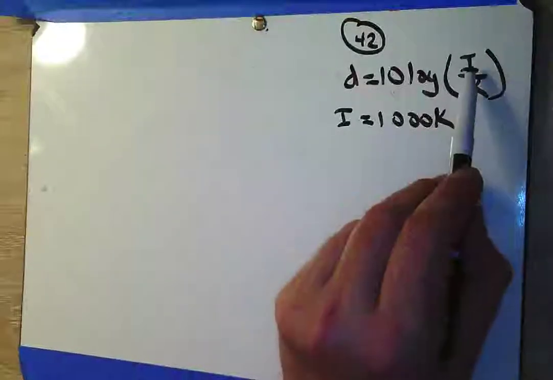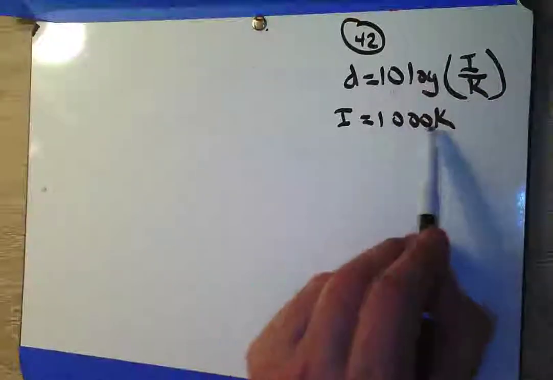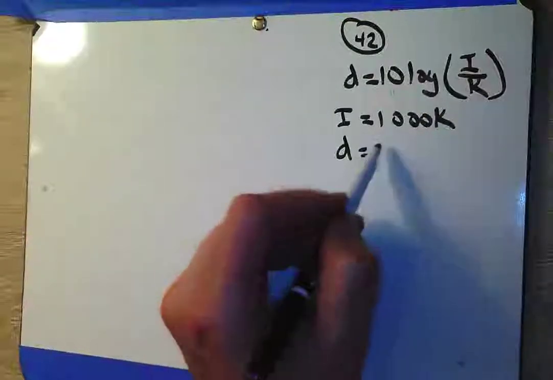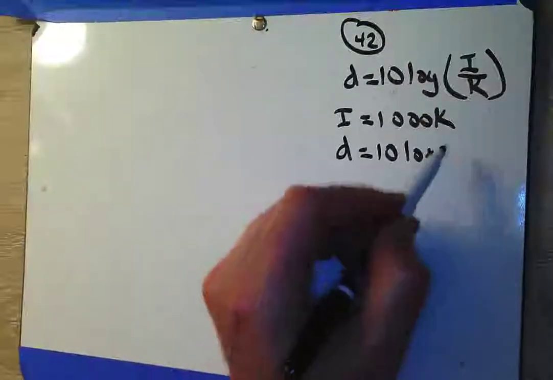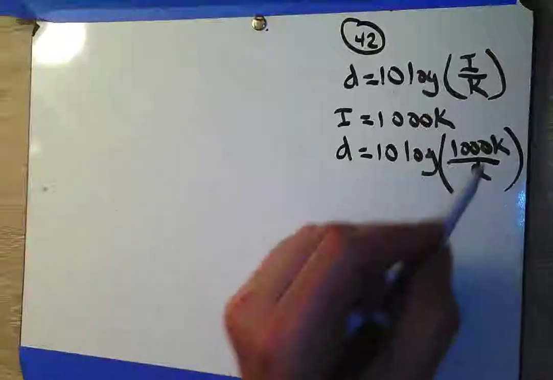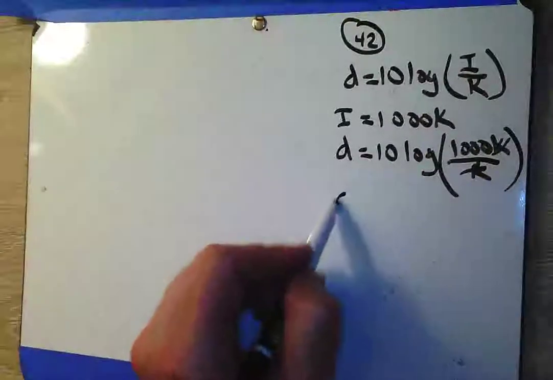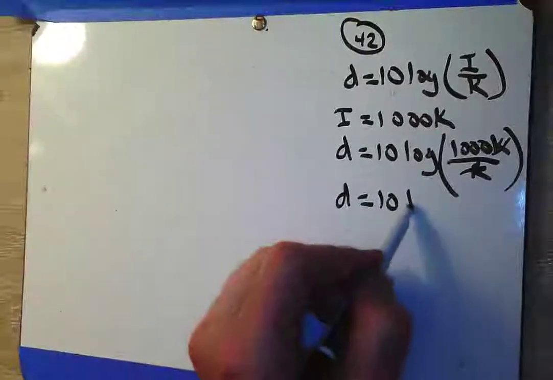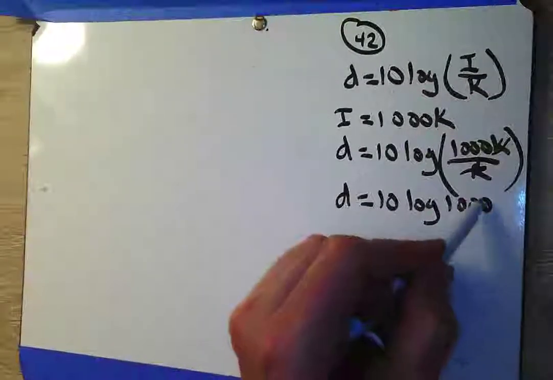Well, let's replace I in this equation with 1,000 K. So D equals 10 log 1,000 K over K. Well, I can cancel out those K's, and I get D equals 10 log of 1,000.